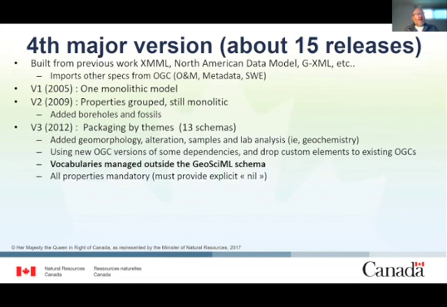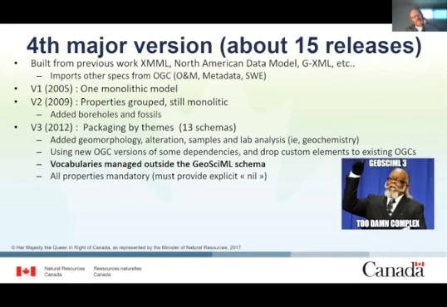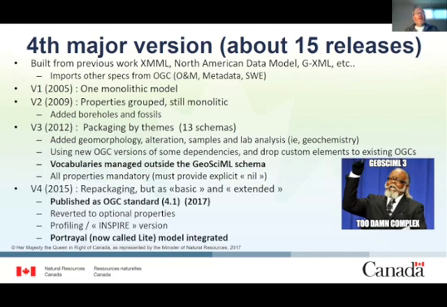We externalized the vocabularies, so now it's its own piece of information. And we also made all the properties mandatory. But at some point, somebody said that this is way too complicated. So we reverted back. Instead of having 13 schemas based on themes, we reverted back to a basic and an extended, so a simple model and a more extended one.